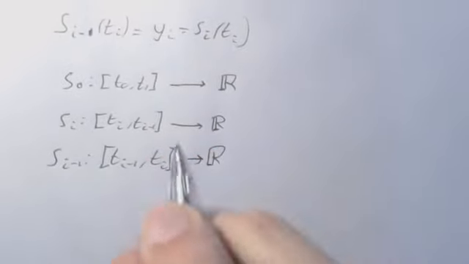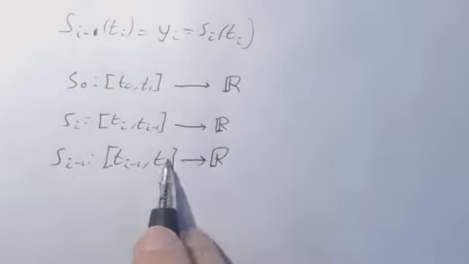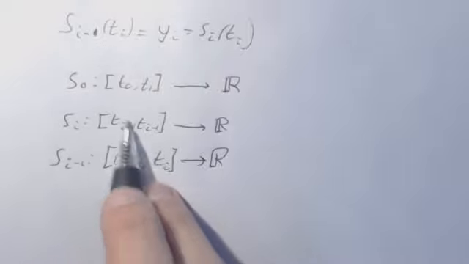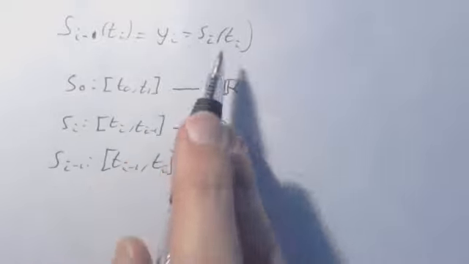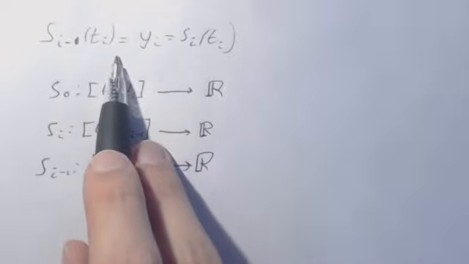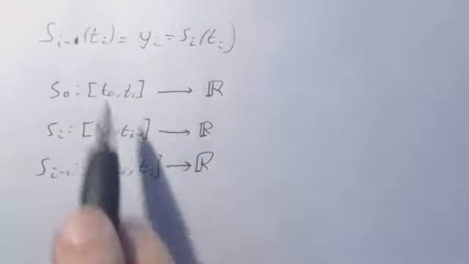So the biggest value S(i-1) can take is ti, and it will be equal to Si evaluated at ti as well, so that gives us this equation here, and indeed on the values ti themselves we do want it to be equal to yi when we combine them together. Okay, so the ends have to all be the same, and at the ends they have to equal the right yi.